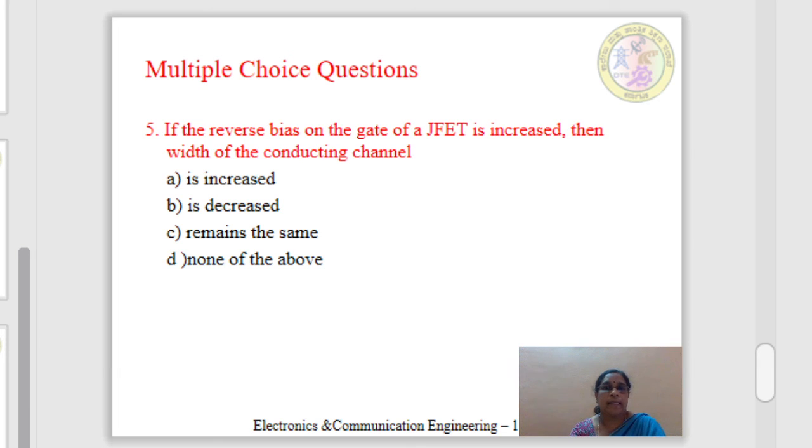When they increase in width, they block the effective channel area. When the channel space is reduced, the resistance of the channel is increasing. So the solution here is that the width of the conducting channel is decreased.